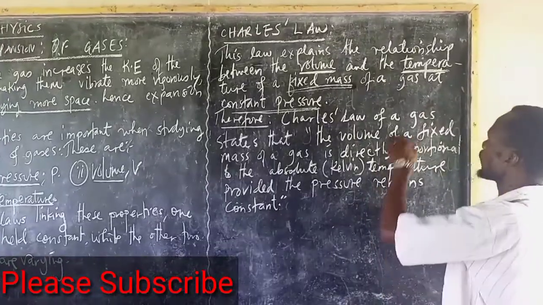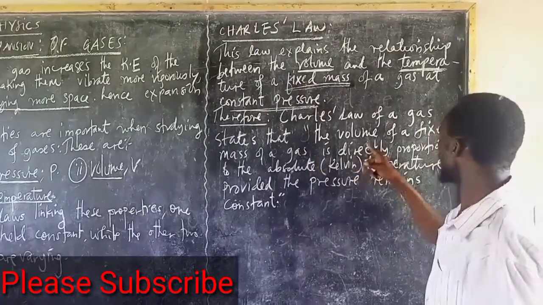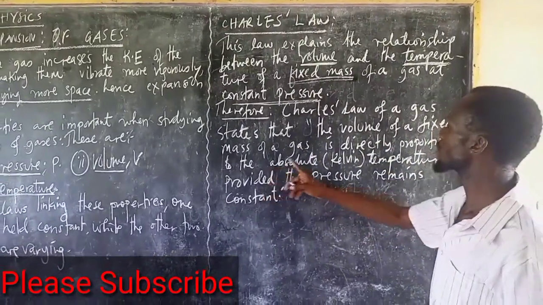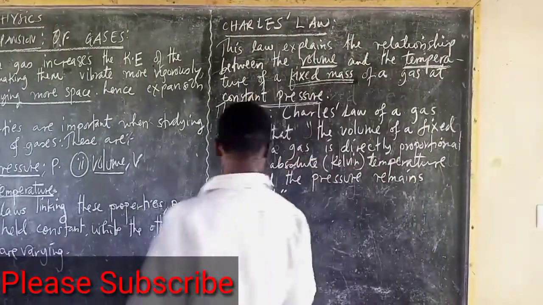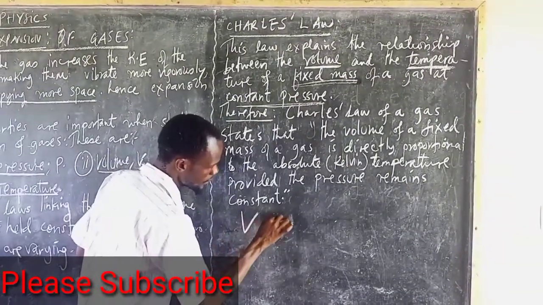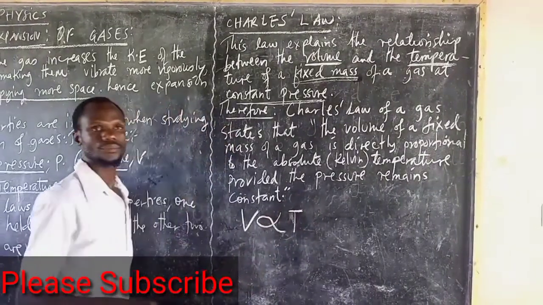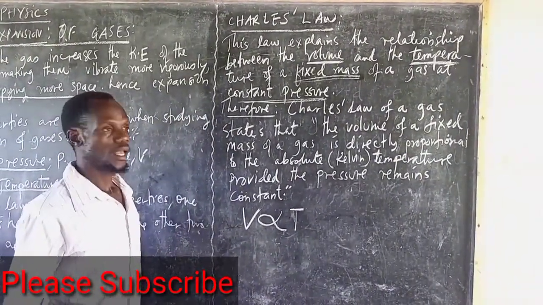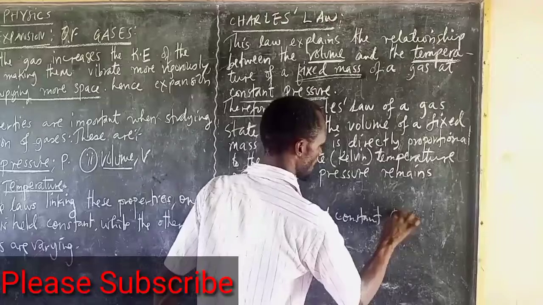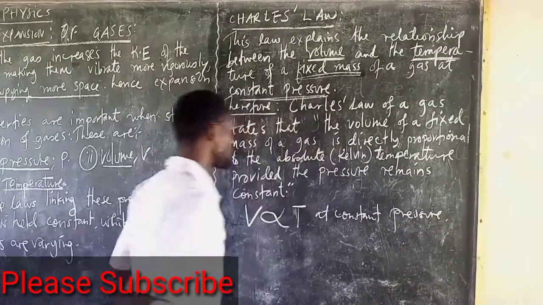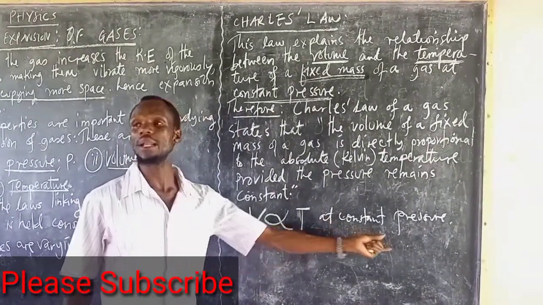Charles' law of a gas states that the volume of a fixed mass of a gas is directly proportional to the absolute temperature, at constant pressure. Therefore, we say volume is directly proportional to the temperature at constant pressure.